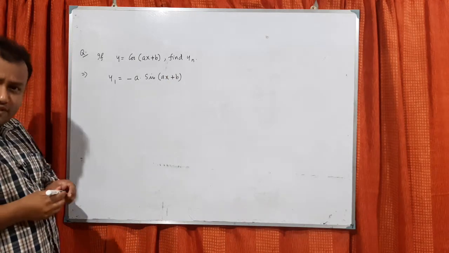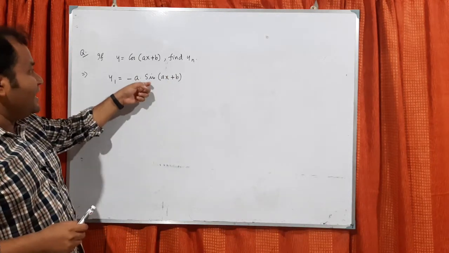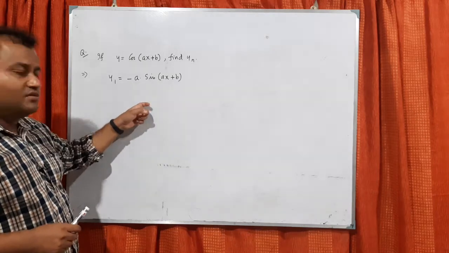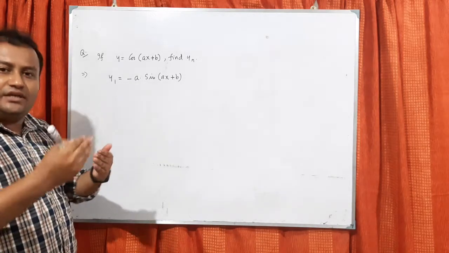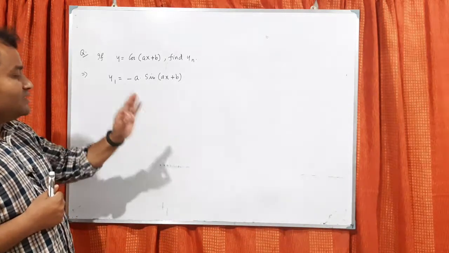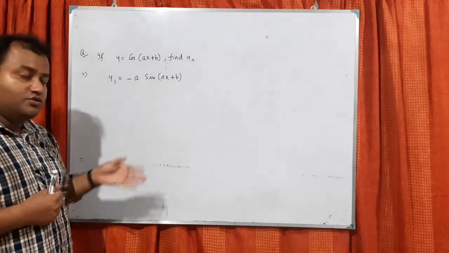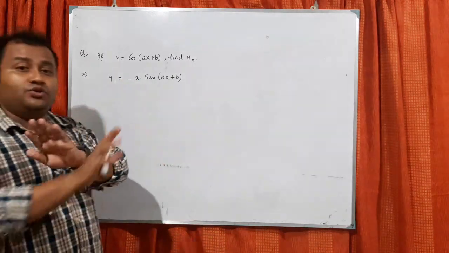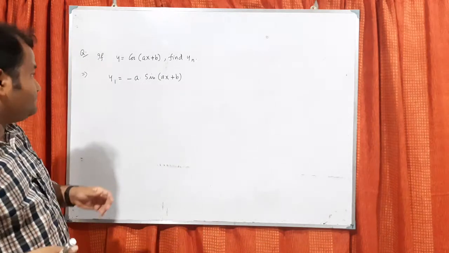Now you see what the problem is: if you take the derivative again, you get cos, sine, cos again, so it will be fluctuating. But we want some particular pattern.